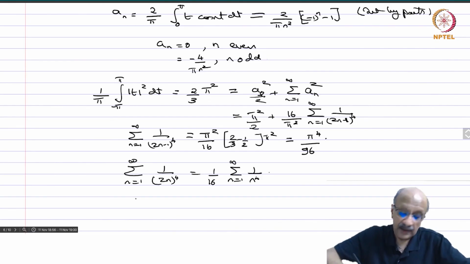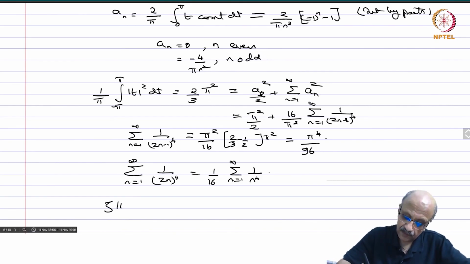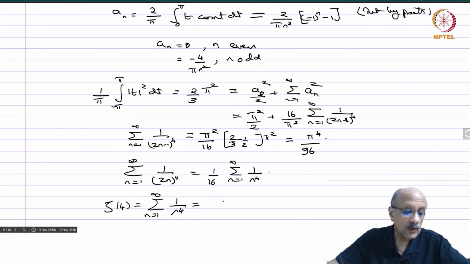And therefore zeta 4 equal to sigma 1 by n power 4, n equals 1 to infinity, which is equal to the odd ones and the even ones.